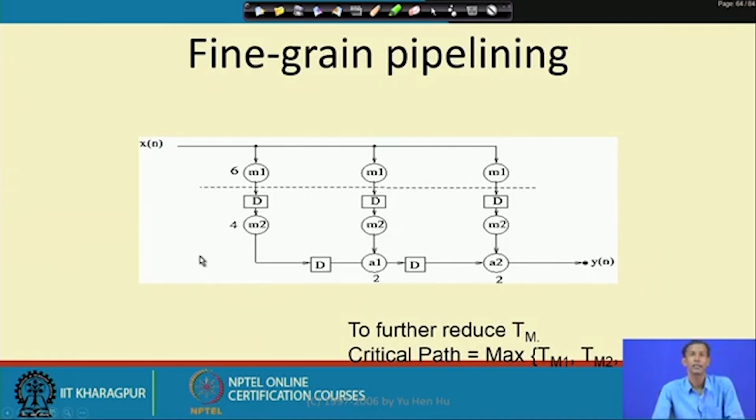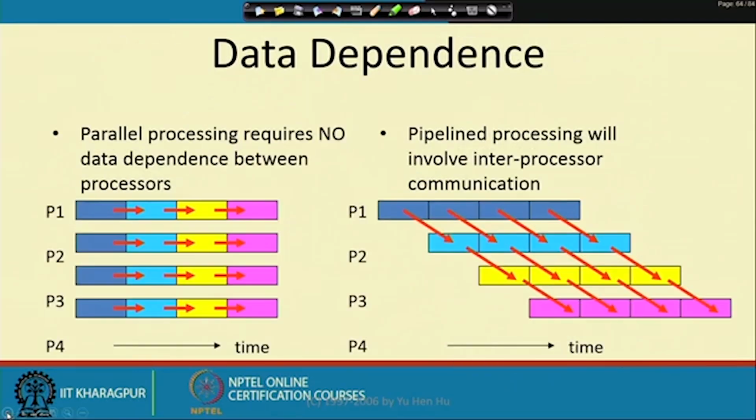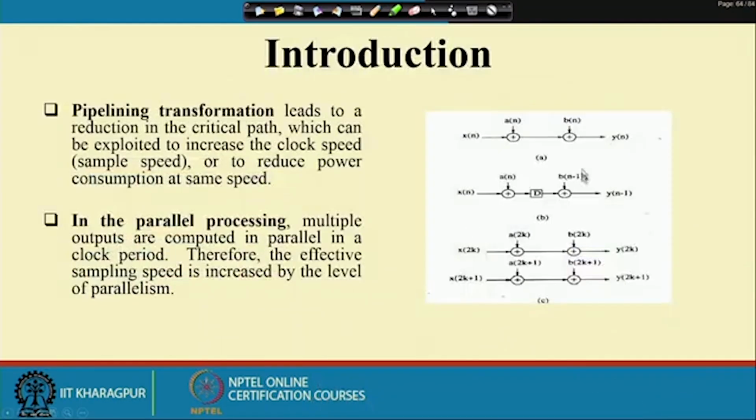Again, there are two types of pipelining technique. One is coarse grain pipelining, another one is fine grain pipelining. Whatever we have seen in this particular case, this is one adder, this is one adder.